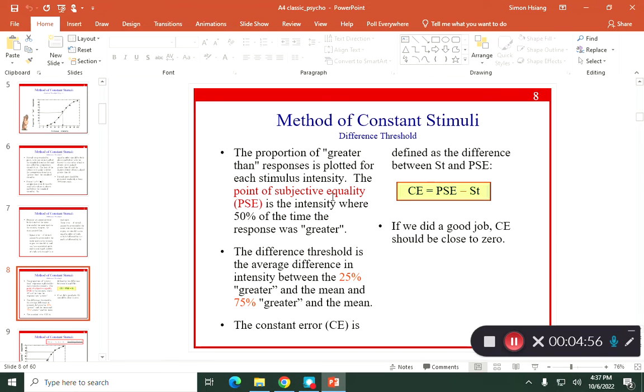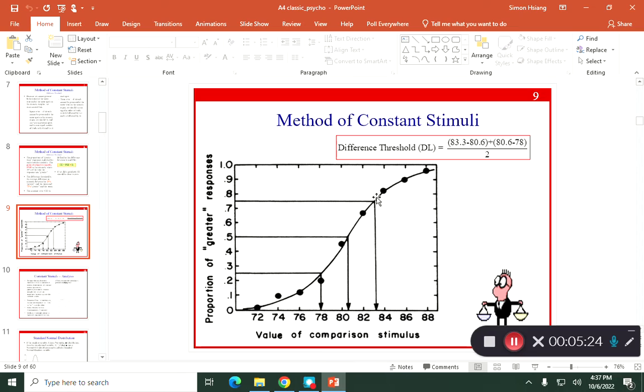The point we're trying to come up with is that we're going to measure what we call constant error, based on the point of subjective equality, PSE, 50%, to some stimulus we're trying to measure, and the difference we call constant error.